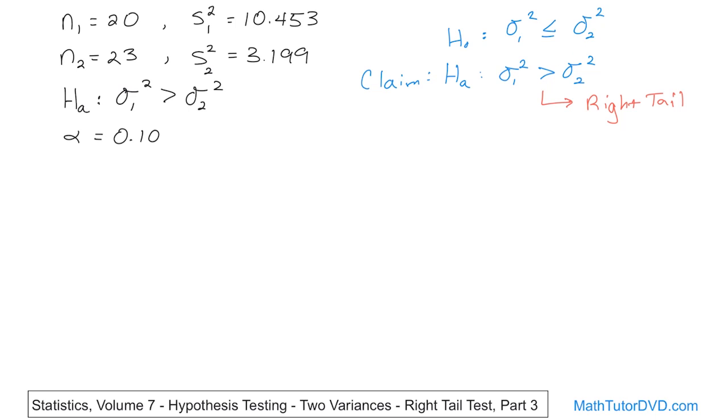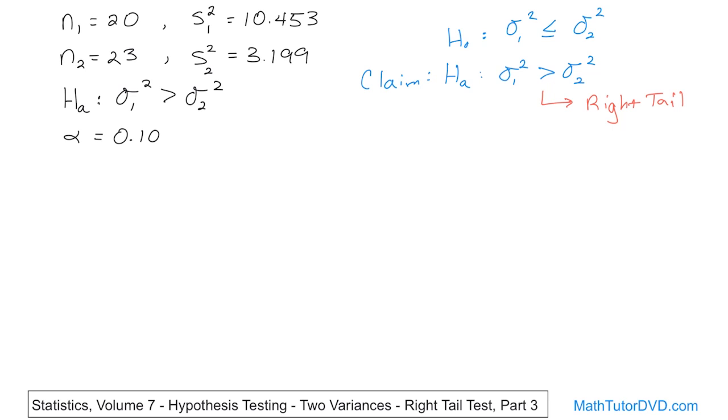And the null hypothesis must be the accepted standard view, which is that they're either equal or that population 1 has a smaller variance. Clearly, the data looks like, at first glance, that population 1 doesn't have a higher variance, but we need to test it at the current level of confidence.